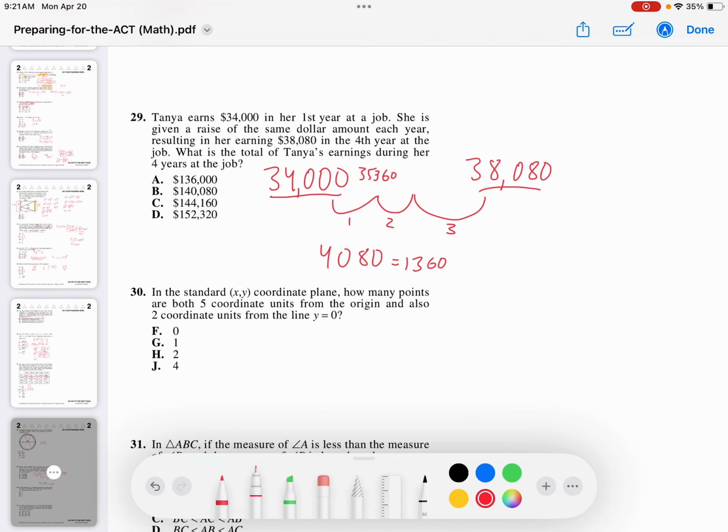And then in the next year, another $1,360 would be $36,720. We can add them all together: 34,000 plus 35,360 plus 37,720 plus 38,080 should be 144,160.